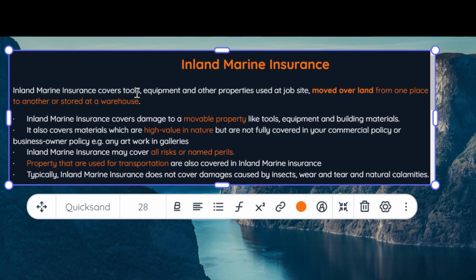Overall, we understood what we mean by inland marine insurance and what kind of things it covers. In certain situations, it covers all risks, whereas in certain other situations, it covers only some named perils, based on the kind of coverage that you have taken. And often, certain things like natural calamities, wear and tear, or damages caused by insects and things like that are not covered in a typical inland marine insurance.